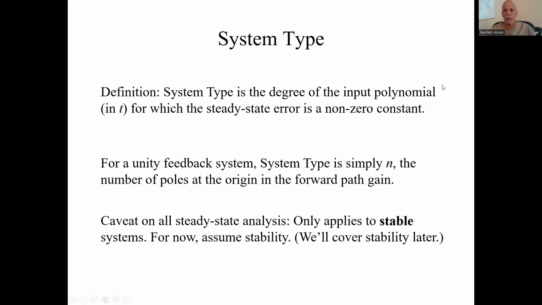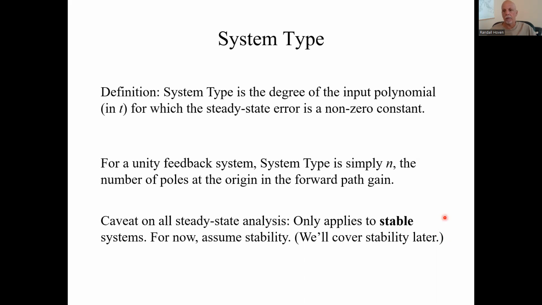But this definition applies whether it's unity feedback or not. It's the degree of the polynomial in the time domain. Like the parabola is 1/2 t squared, so that degree would be 2. For the unity feedback system, system type is simply n, the number of poles at the origin in the forward path gain.